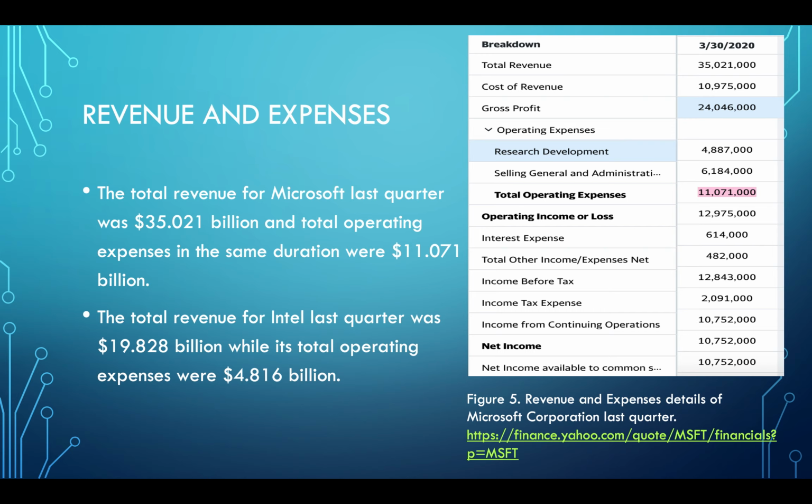We can see that both revenue and expenses for Microsoft are much larger than Intel's. So actually, we can see that the financial statement for Microsoft is much better than Intel's related to this.